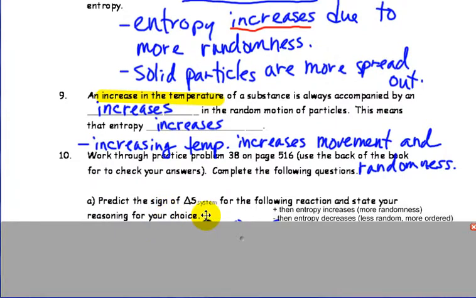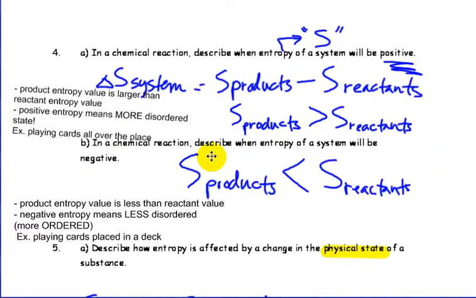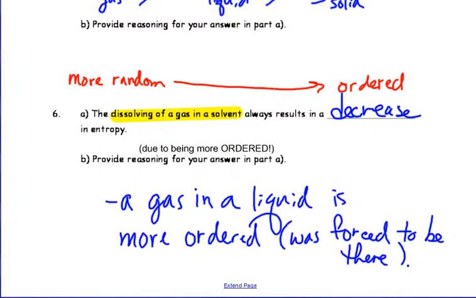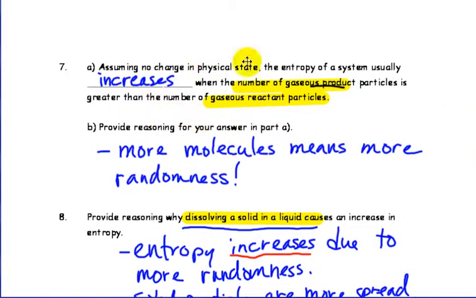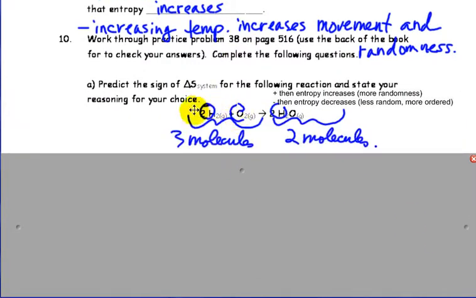Then I have a few examples here. Predict the sign of the entropy of the system for the following and state your reasons. So here, this is basically the formation of water equation. And with all those factors that we talked about, we don't have a change in state, we don't have a gas and a liquid, but we have a different number of gas molecules on each side. On the left-hand side, I have 3 molecules of gas, 2 hydrogen, 1 oxygen.